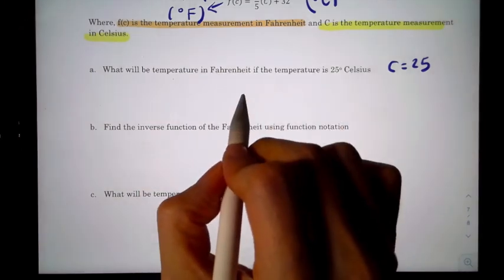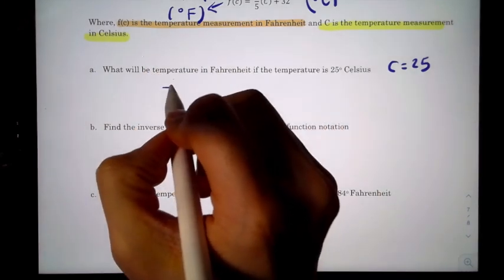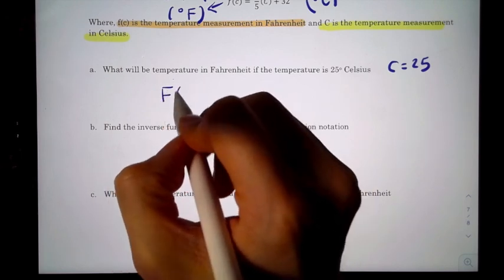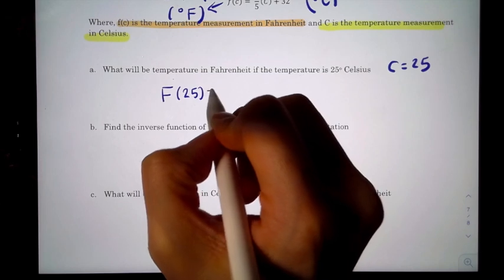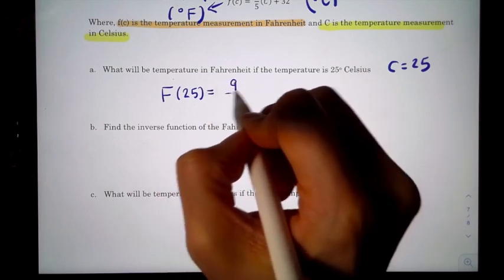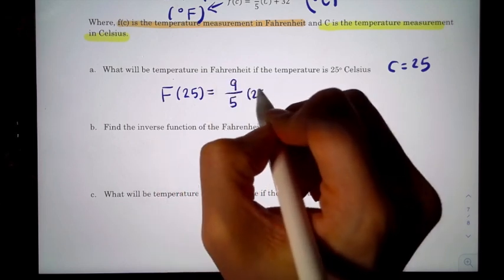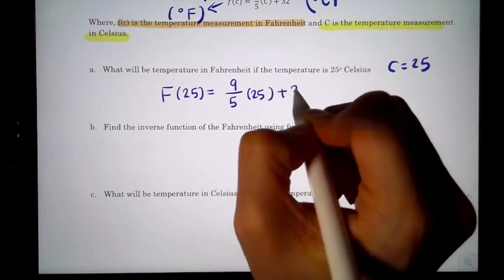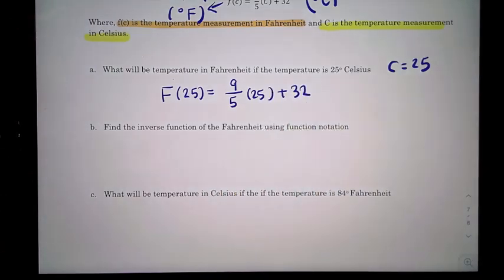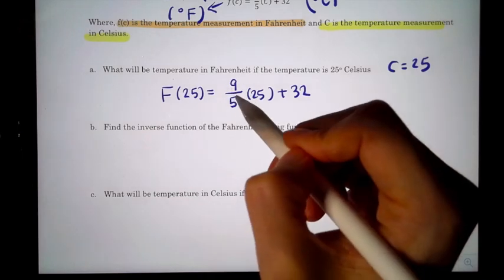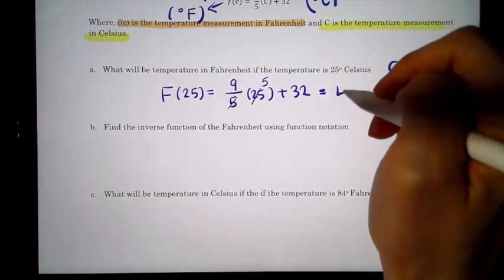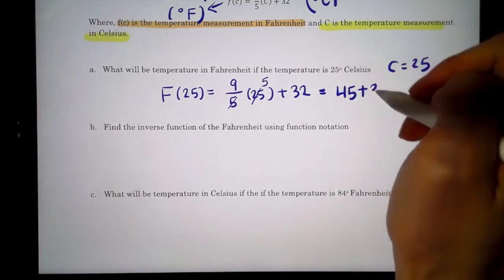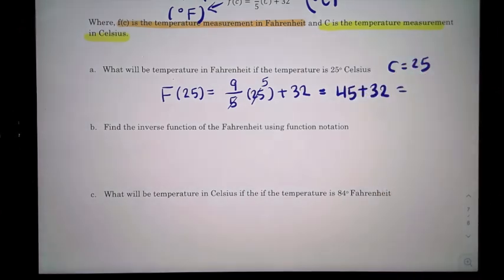So let me calculate this one first. Your Fahrenheit degree, F of 25, equals 9 over 5 times 25 plus 32. You just plug in the value, right? So 5 and 5 simplify, then you get 45 plus 32, which is 77.